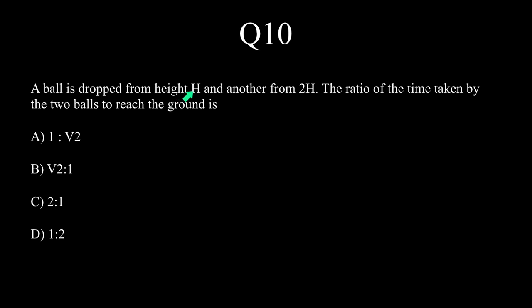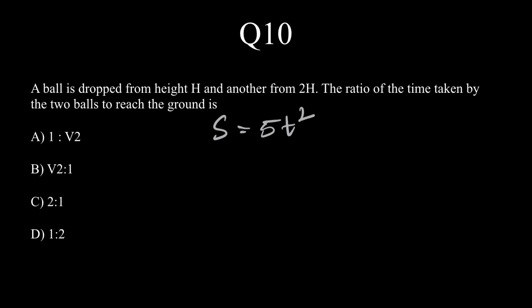A ball is dropped from height h and another from 2h. The ratio of the time taken by the two balls to reach the ground is. So we know that the height h, say the displacement, s is equal to 5t square.